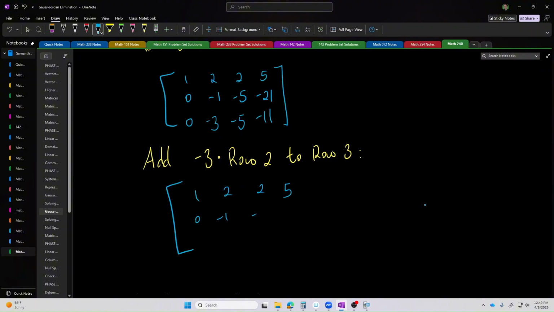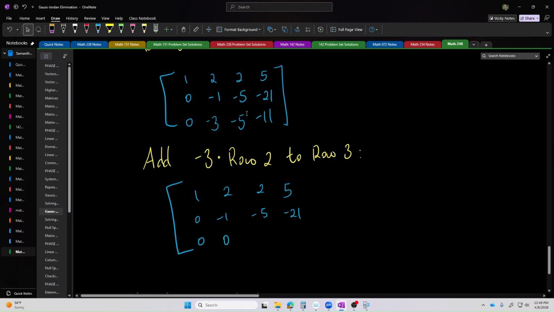Copy everything except for the third row, which is being modified, canceling out this entry in the second column. Then we have 15 minus 5, which is 10. Then we have 63 minus 11, which is 52. As of this moment, we now have the matrix in row echelon form.